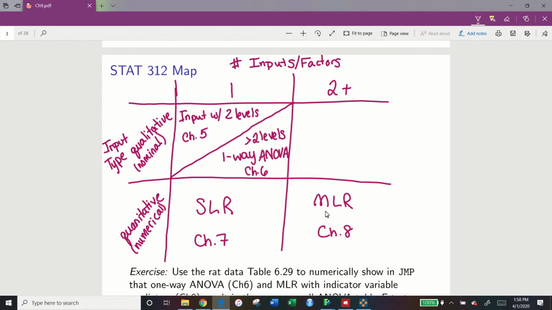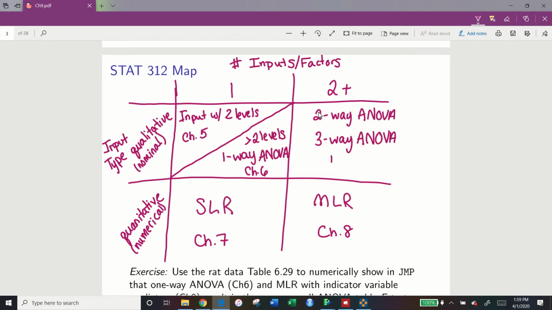For this chapter, we're going to go back and focus on this empty square of qualitative data that has two or more factors. To solve this, we're going to focus on two-way ANOVA and three-way ANOVA.